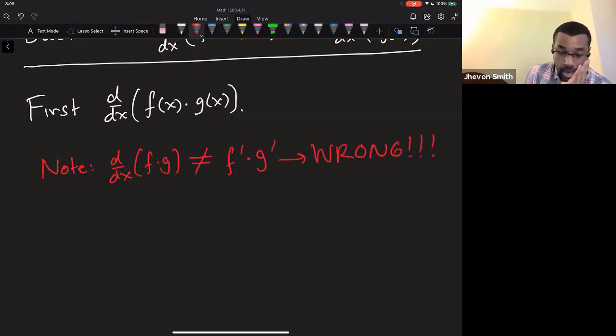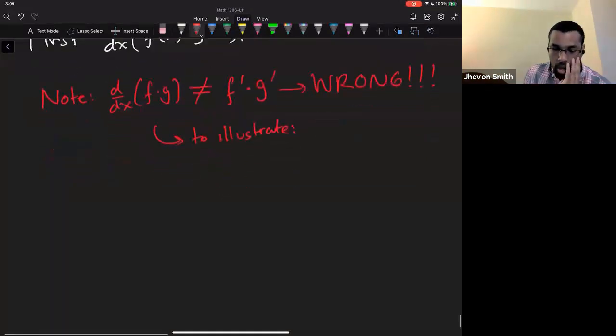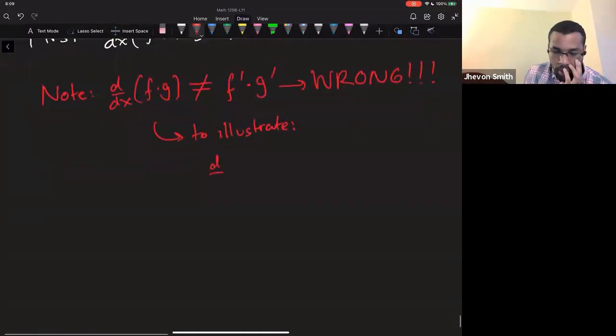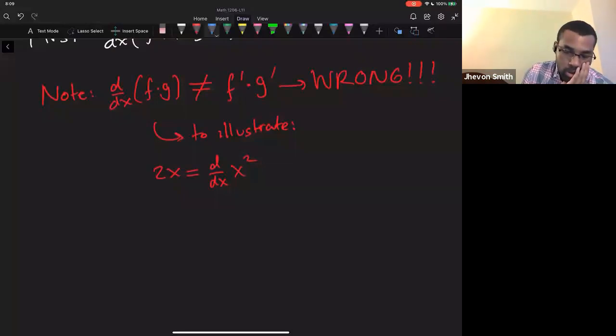And it's easy to illustrate. What if I wanted to take the derivative of x squared, which I actually know is 2x? We actually derived it a couple ways so far.